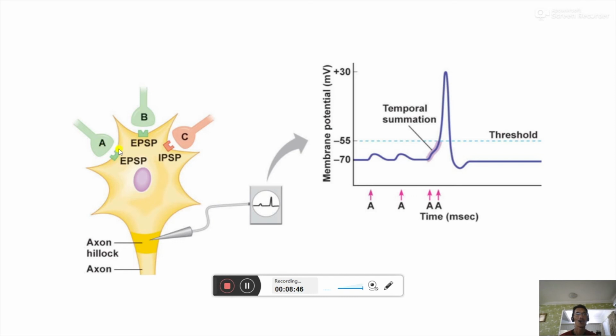So this synapse plays an important role in changing the electrical signal based on the neurotransmitter. And these three signals will be added up together and become one.